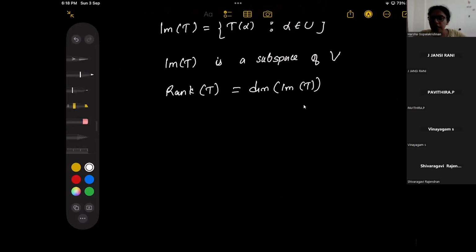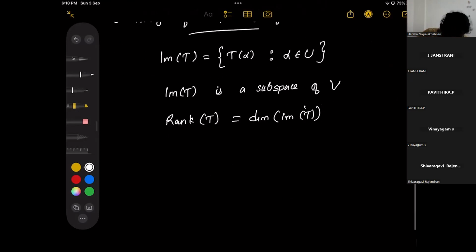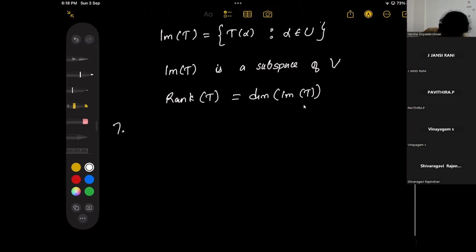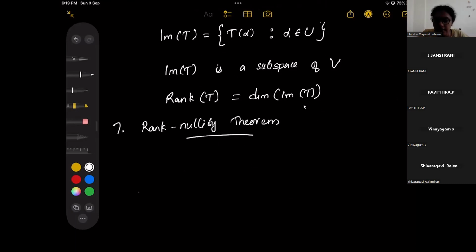Now, one of the important theorems that we will be using while solving the questions is the rank nullity theorem. Anyone knows what is the rank nullity theorem? So we stated what is rank and what is nullity. As the name suggests, it is the theorem involving both rank and nullity.